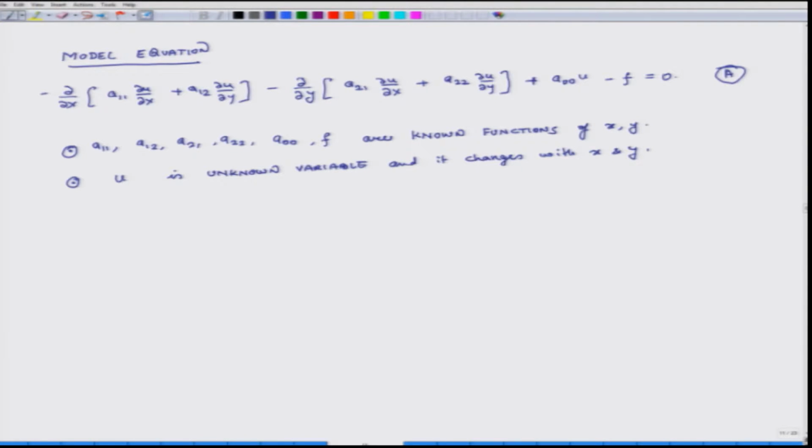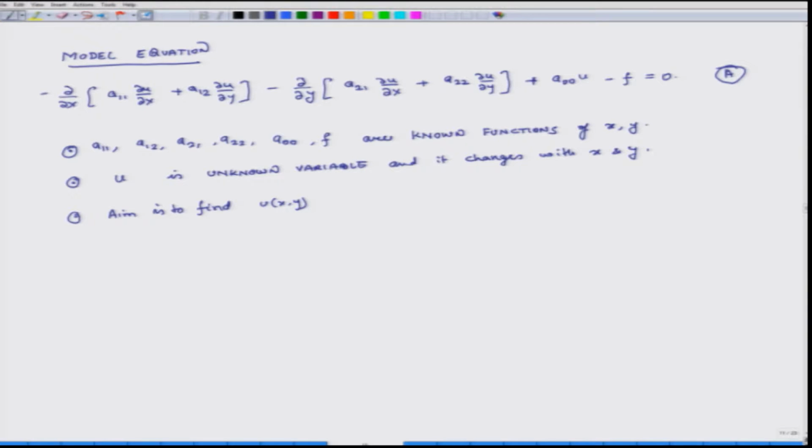So, what is our aim? It is to find this function u of x and y by integrating this equation A. This is one equation with one variable, right.